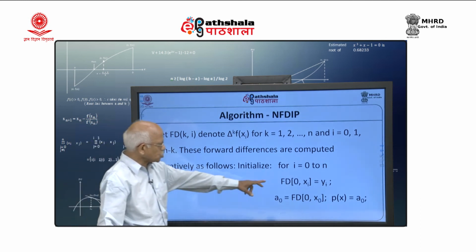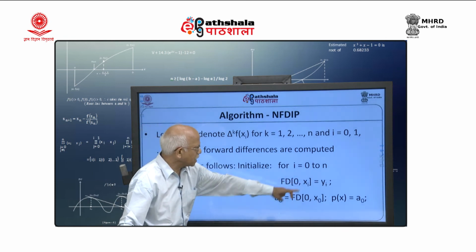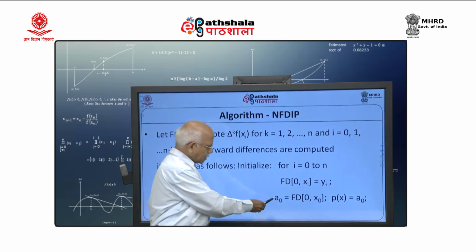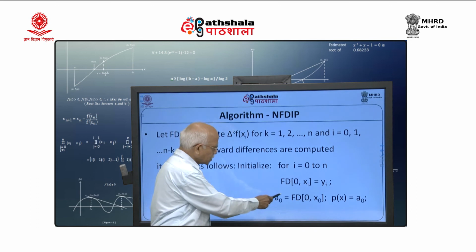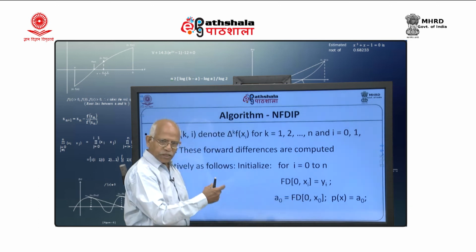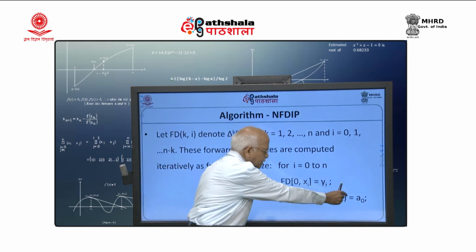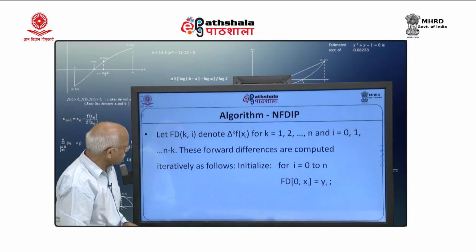So, first we are initializing the 0th differences at all points x_i, and then we are saying that a_0, the first coefficient of the interpolating polynomial, is given by fd(0, x_0), and the interpolating polynomial value I am initializing with its first term a_0. You know this polynomial we are given here.